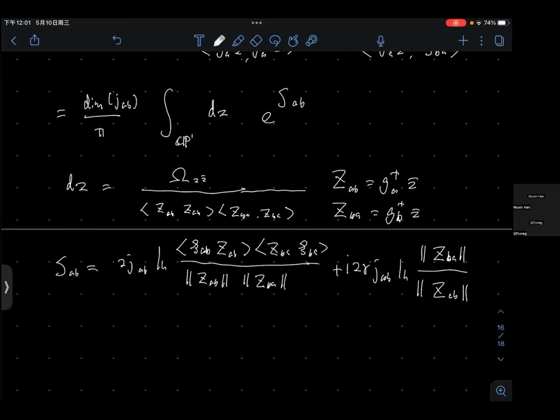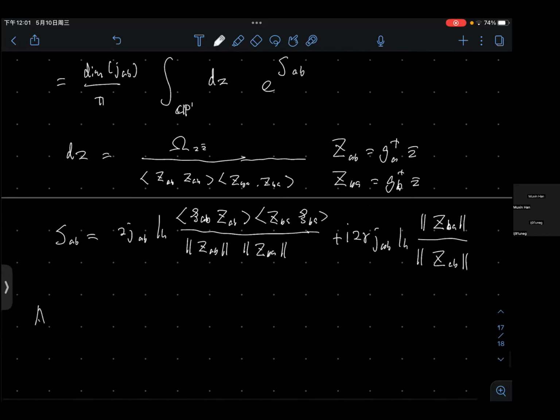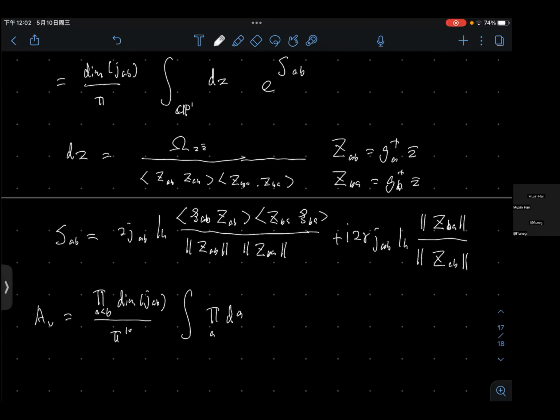Okay, so for any inner product, you can write it as an integral of the exponential of an action. Now this vertex amplitude also has a path-integral-like expression: the product of all the SL2C Z integrals.